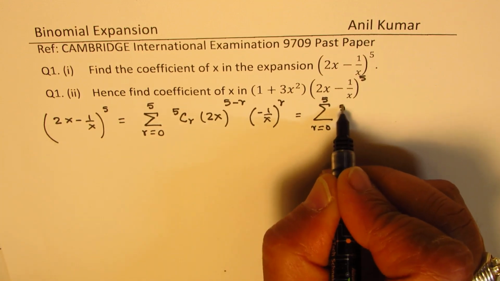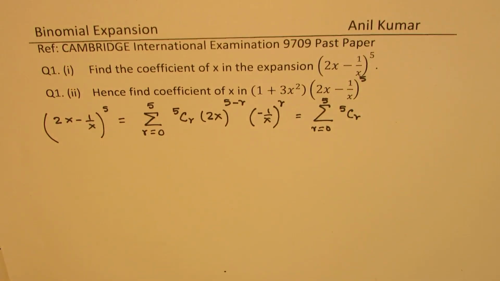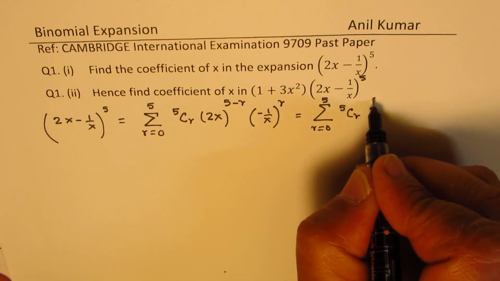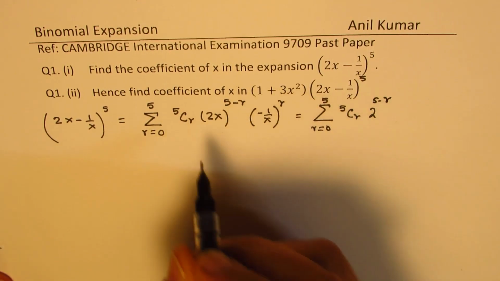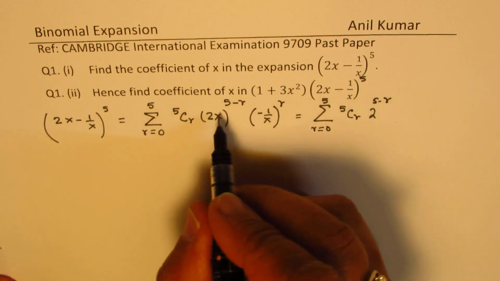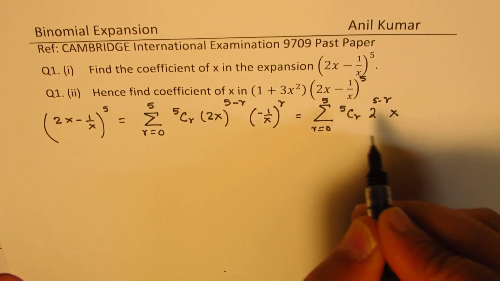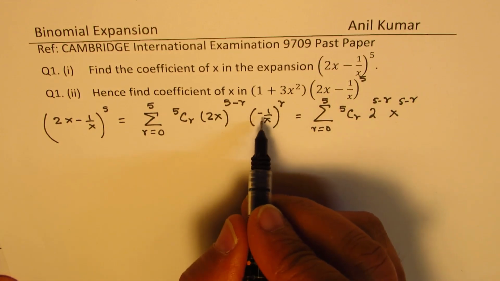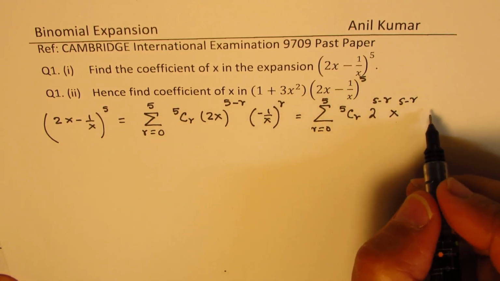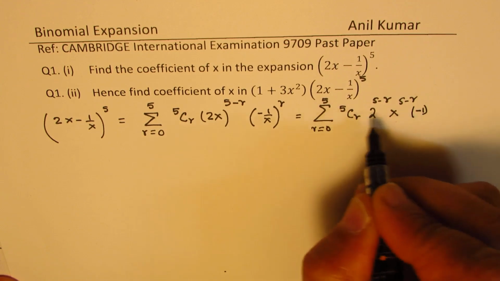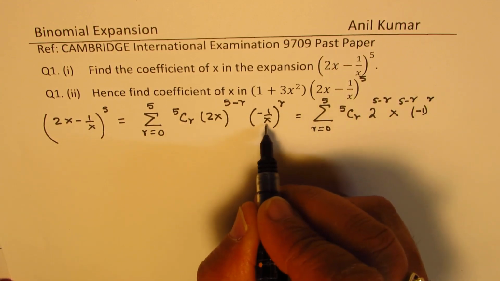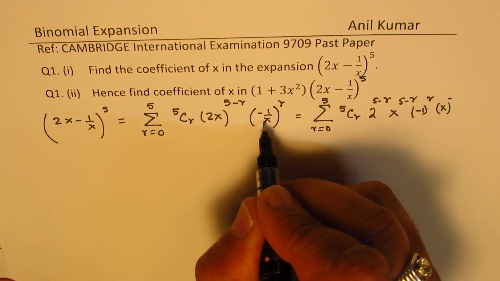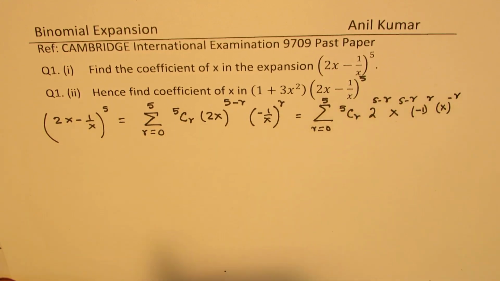So we have 5Cr, 2 to the power of 5 minus r, x to the power of 5 minus r. Now this is minus 1, right? So we have (-1) to the power of r and x to the power of minus r. This is in the denominator, minus r.